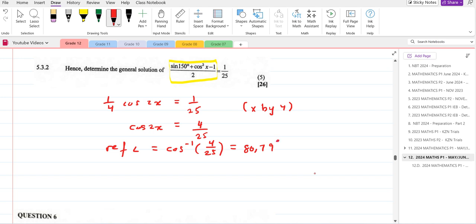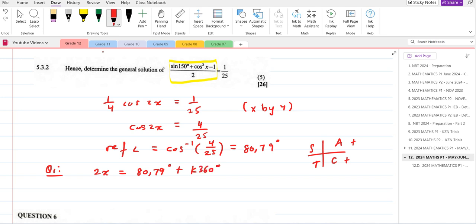Now we want to know when is cos positive. Cos is positive in the first quadrant and the fourth quadrant. So quadrant 1 solution is, remember the reference angle, is the 2x. So 2x is equal to 80.79 degrees plus k360, the period of cos, where k is an element of integers.